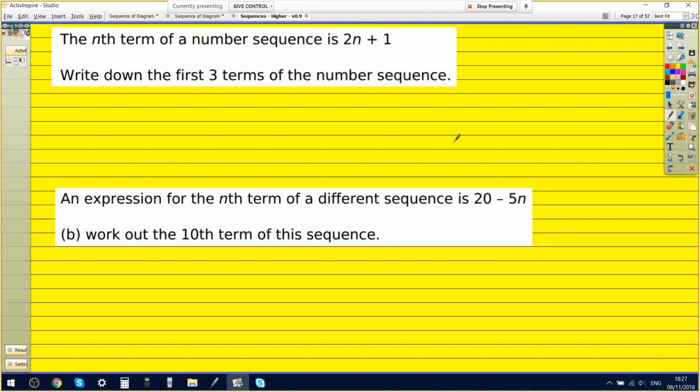Would it be just 2n plus 1, 2n plus 2, 2n plus 3, or...? So going up in the sequence, n, the first term n is 1, second term n is 2, third term n is 3. So when n is 1, what is 2n plus 1?